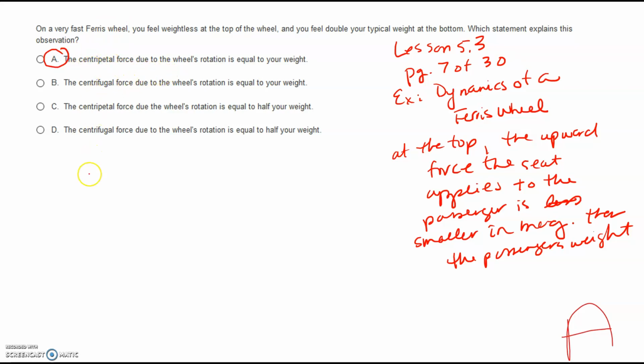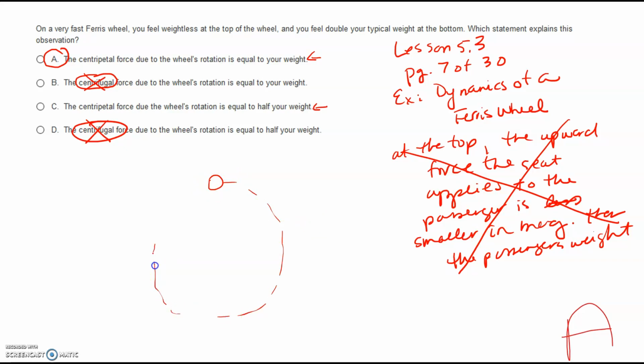The other thing you need to know about this is not real. Centrifugal force, that's not a thing. So if you ever see that, that's a red herring. So it's either this one or this one. And this does not help. So I guess if we look at the free body diagram, force centripetal and your weight.